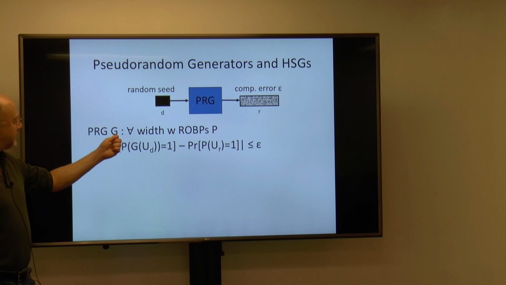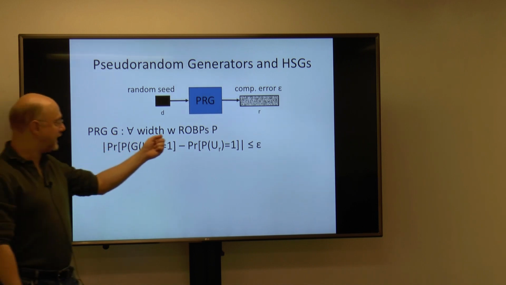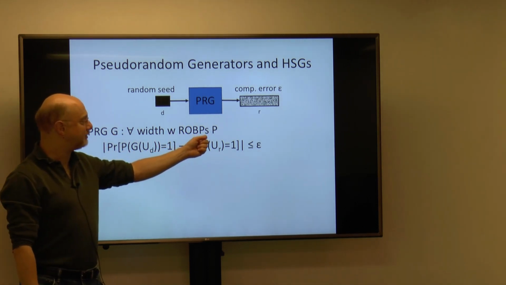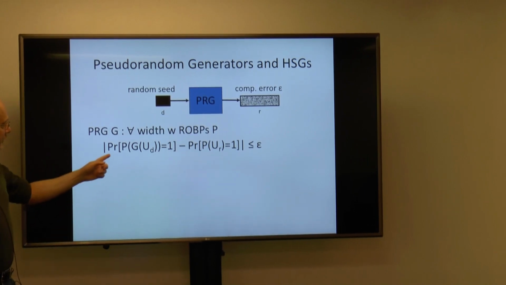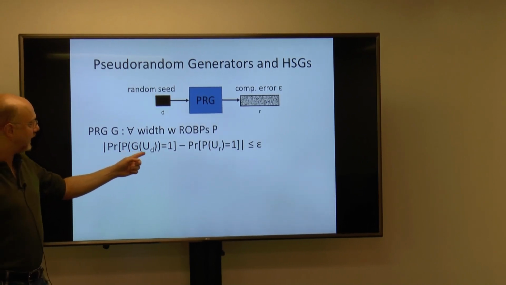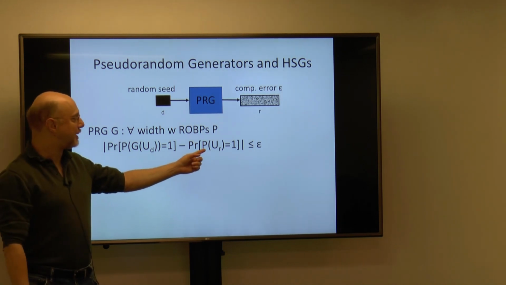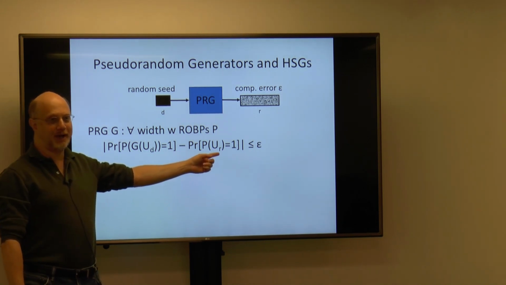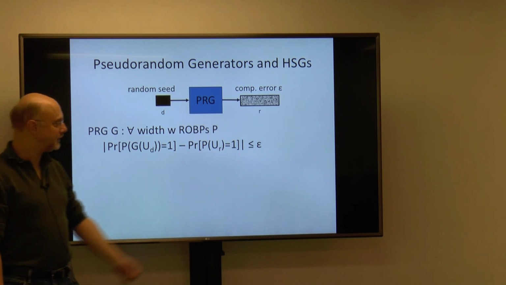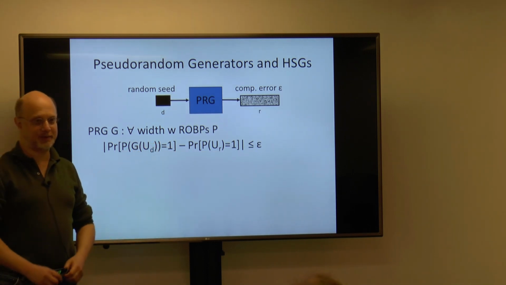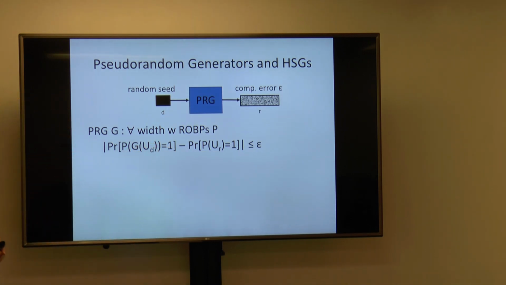What we would want is one fixed generator such that for any width W read-once branching program P, the probability that P accepts the output of the generator is very close to the probability that P accepts a uniformly random R-bit string. These probabilities differ by at most epsilon. This would be a pseudorandom generator, and this is our dream goal.